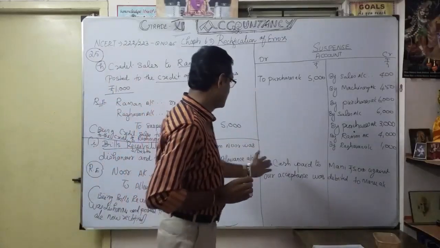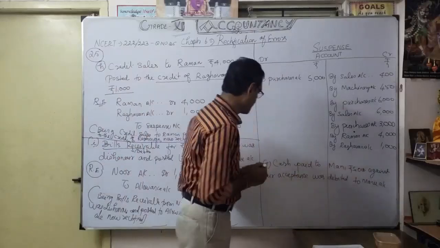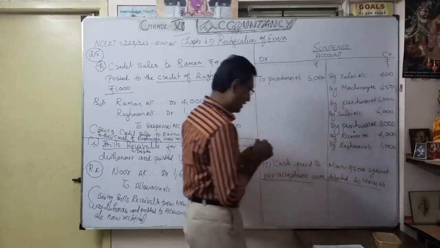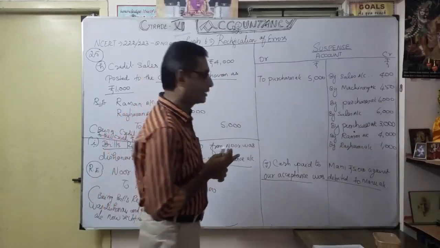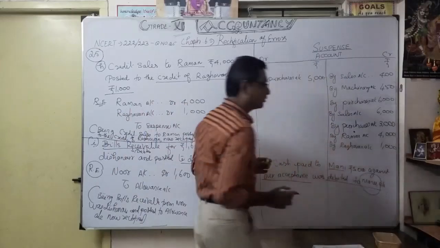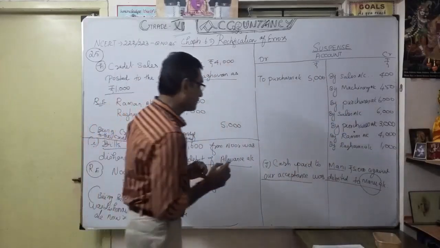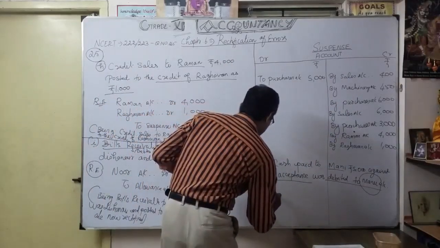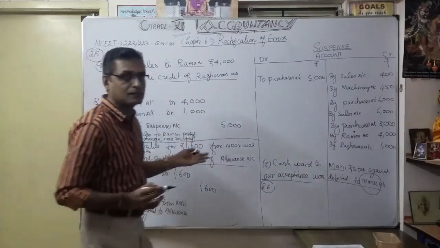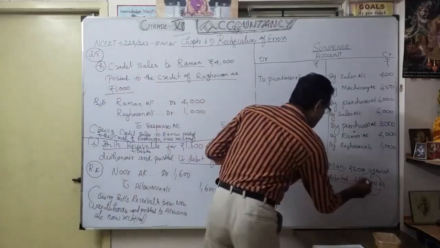And the next one: cash paid to Manu 5,000 against our acceptance. In the same manner, debited to Manu account. Actually, cash was paid to Manu. Whom? Instead of Manu, they debited to Manu account. So you want to cancel that. So that's the rectification entry. Here as a creditor, bills receivable we discussed in the same manner. Rectification entry for wrongly debited to Manu.